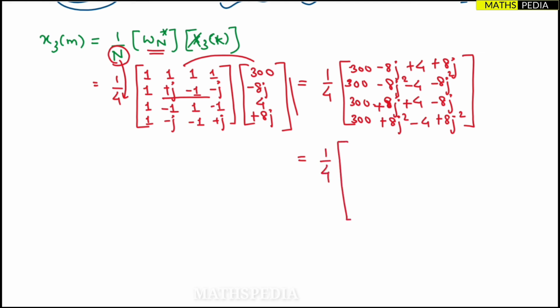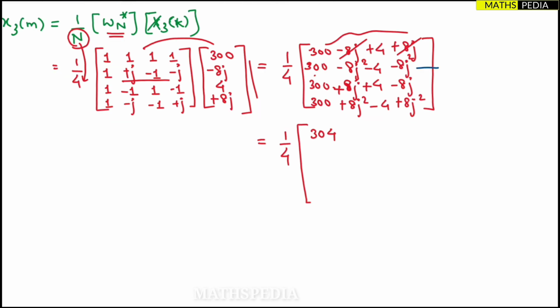Now we have to just simplify this one, which is equal to 1 by 4 as it is. So see here, in the first row, minus 8j plus 8j get cancelled, so what is remaining? 300 plus 4, which is 304. Now the second row: here it is 300, so minus 8j square, it will be minus into, so it will be plus 8, minus 4, again plus 8, right? So you will be getting how much? 312. So just put it over here, 312.